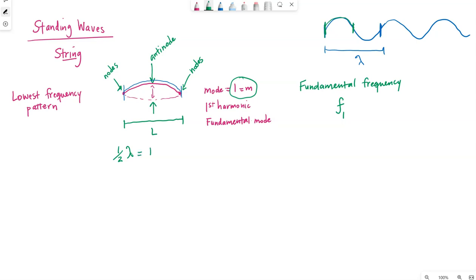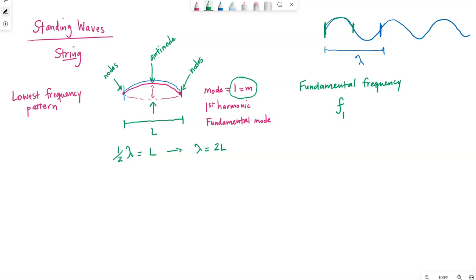And that's what I see on the length of this string. So from one node to the next is 1/2 a wavelength, which means the wavelength of this particular wave is twice the length of the string. That's kind of cool to be able to see that. The wavelength is always directly related to the string itself and its length.